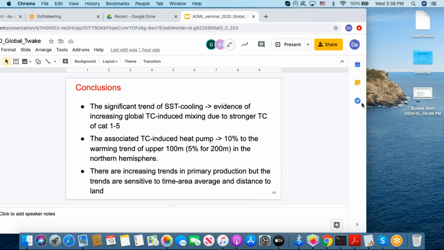Hyun Suk Kim asked whether these statistics are found for each season or for the entire year. This is for the entire year.